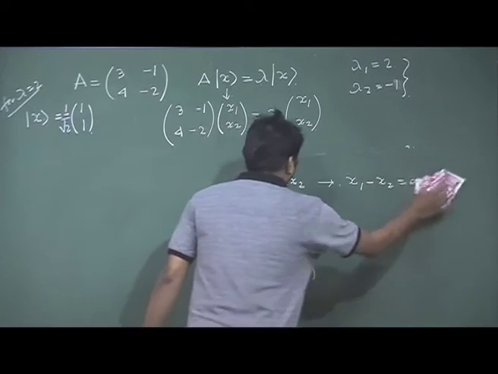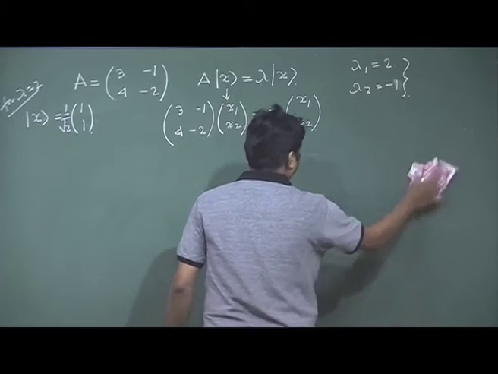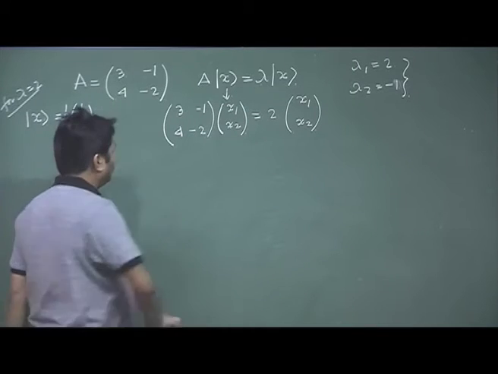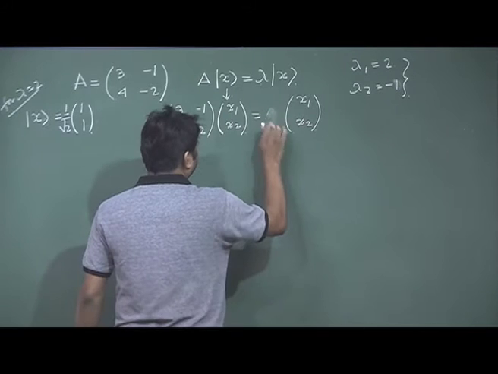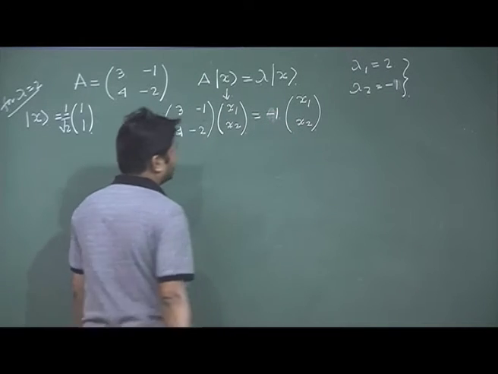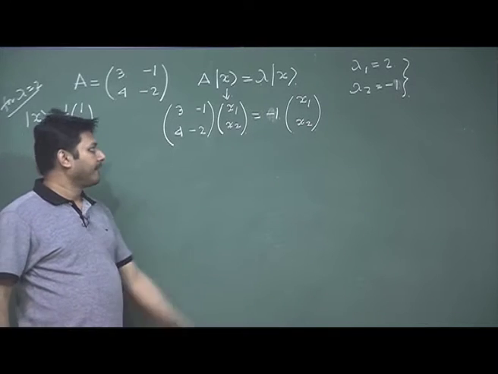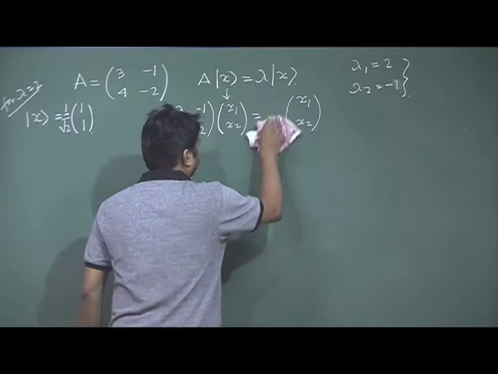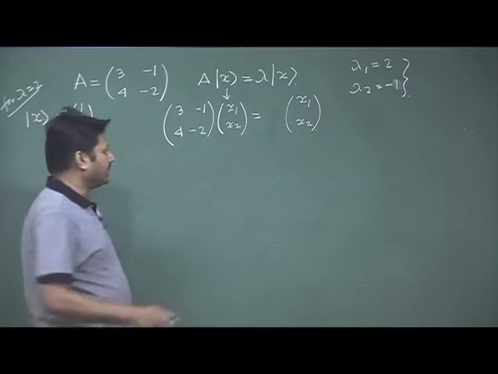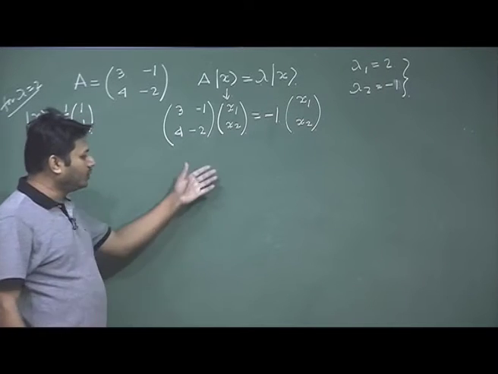Okay, now I will do the same thing for another lambda, which is minus 1. The equation will be the same, except lambda should be replaced by minus 1. So let me clearly write it. It will be minus 1. So again I will have two equations.